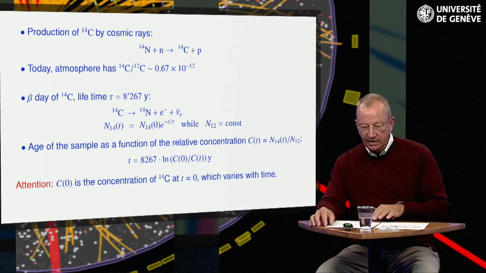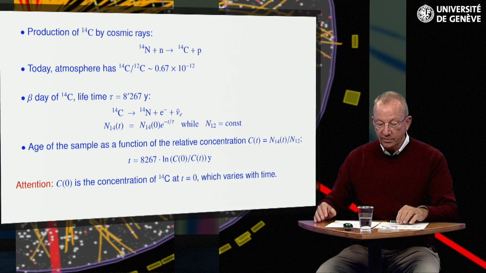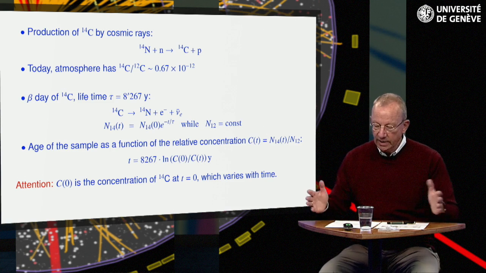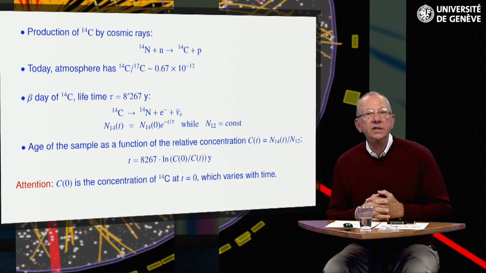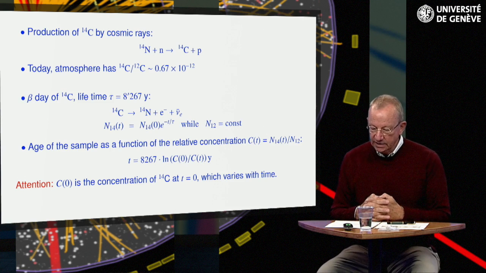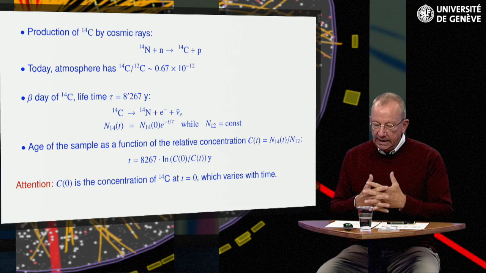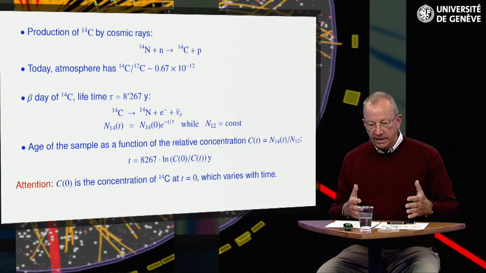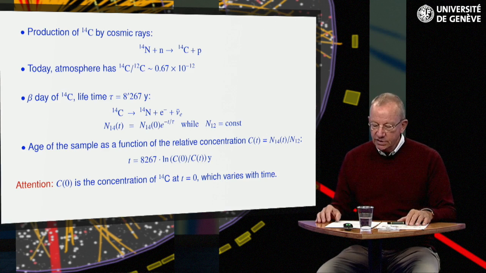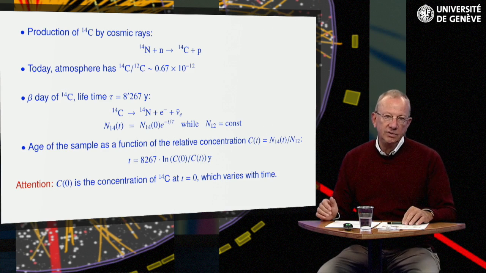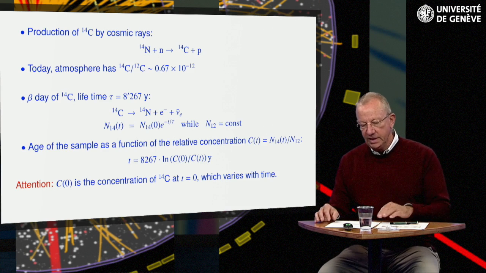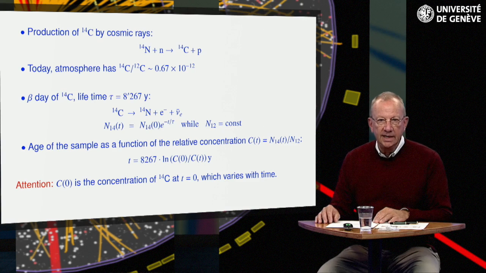Carbon-14 is a beta emitter with a lifetime of a bit more than 8,000 years, so well suited to date materials that are several thousand years old. At any moment, our atmosphere thus contains a majority of carbon-12 and a small quantity of carbon-14 nuclei. Both of them can form CO2 molecules since their chemical properties are the same.